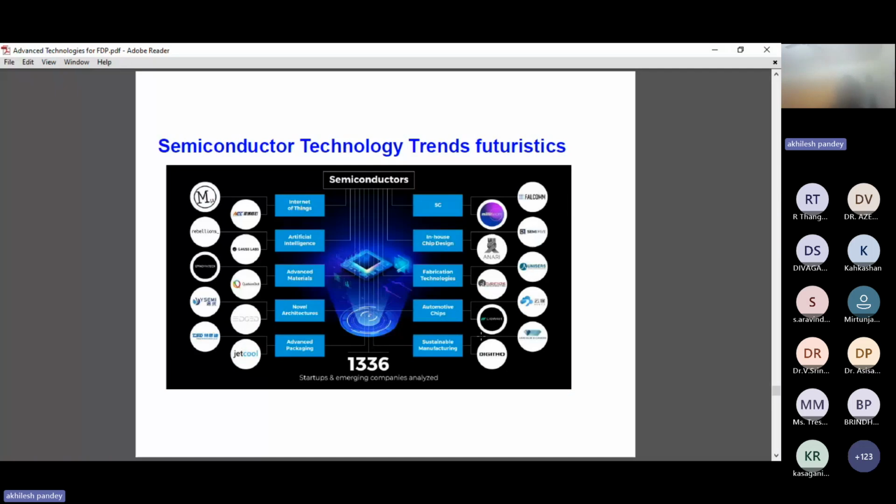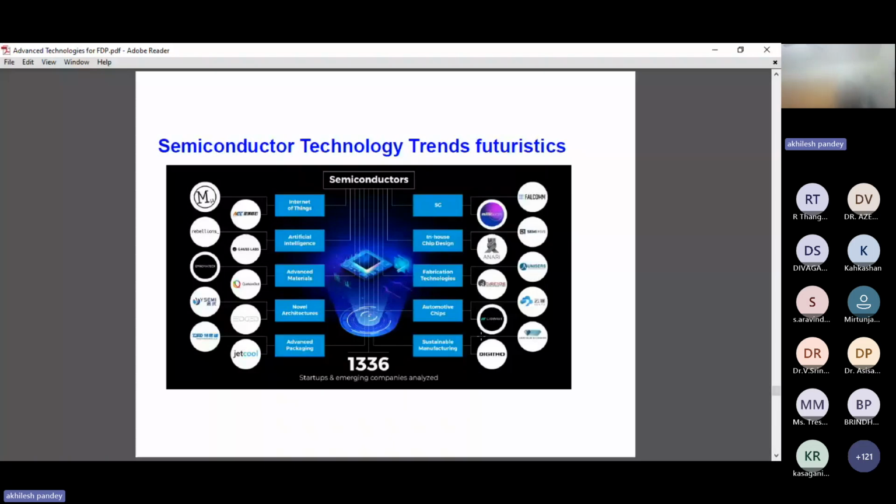Now, semiconductor technology trends in the future, futuristic trends. In 2023, there was one article we have seen on semiconductor technology trends in a futuristic manner. In it, 10 things have been explained.